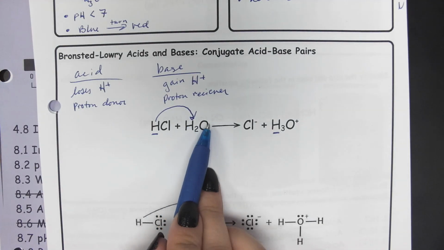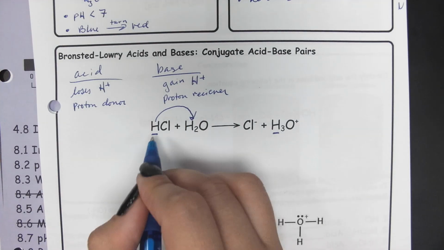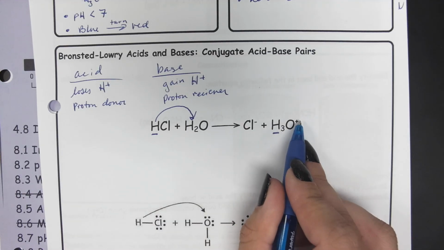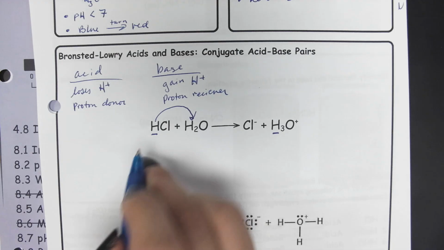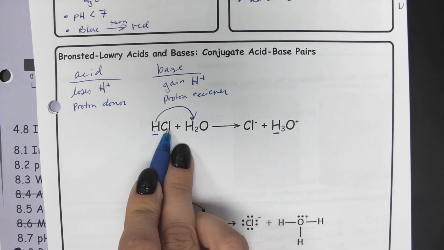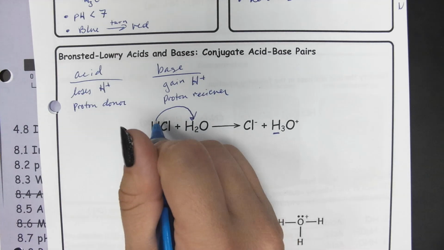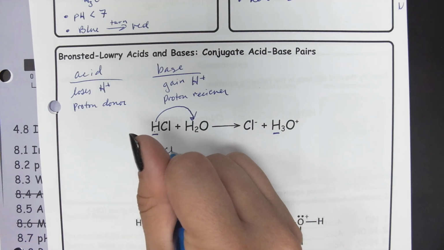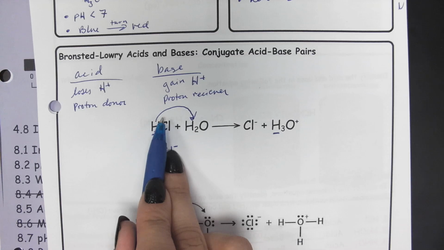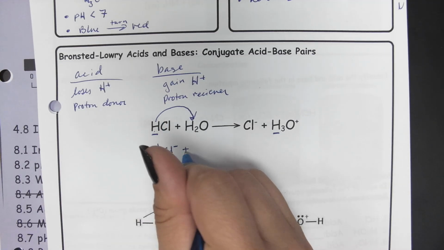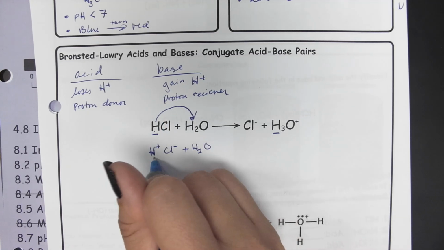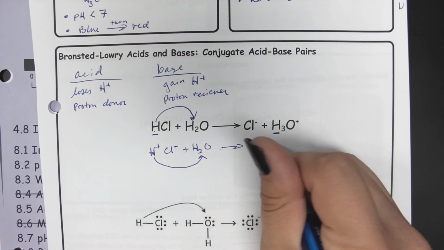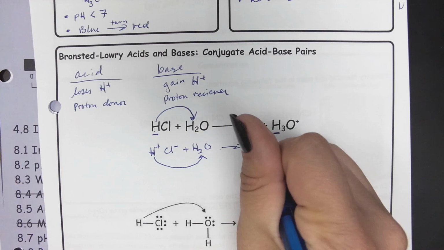When the water, the H2O, gains this H+, then it turns into H3O+. So this hydrogen and this chlorine, when they break apart, this H+ will break apart from a Cl-, because combined, then they're just neutral. And the H2O is going to gain that H+, and it turns into H3O+, and then we're left with the Cl-.